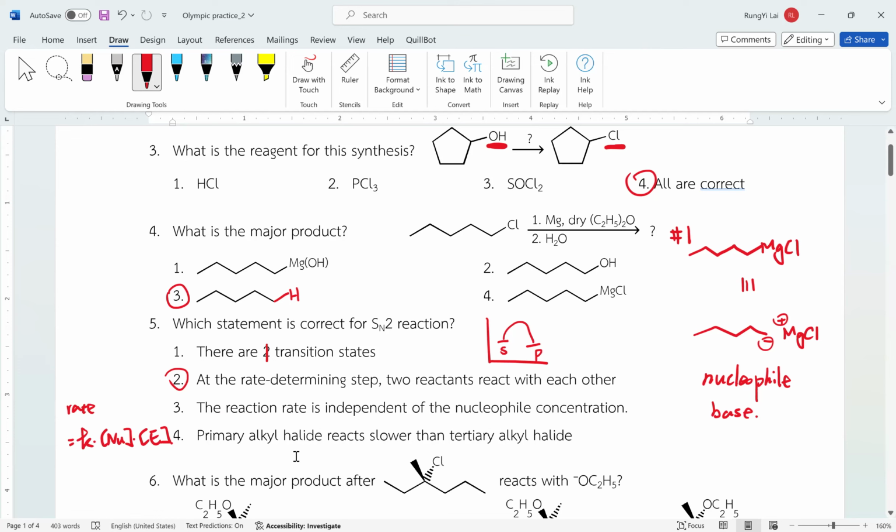For the SN2 reaction, the choice that a primary alkyl halide reacts slower than a tertiary alkyl halide is also wrong. It should be faster, because for SN2 you should know primary is larger than secondary, larger than tertiary, because you use the steric effect to explain the SN2 reaction. So basically choices one, three, and four are SN1 descriptions, not SN2. And only the second choice is for SN2.